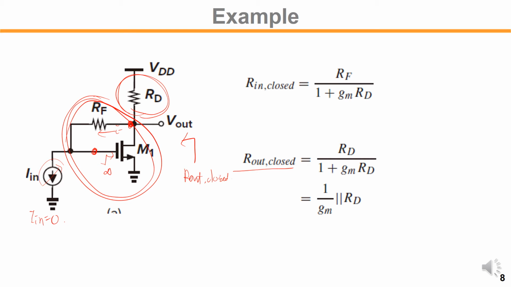So there's no current flow through the RF. So this voltage and that voltage are the same, so it is exactly the same as just a diode connection. So we have the RD at the top in parallel with the bottom 1 over GM. So this is the output impedance. Without the RF feedback resistor, we would see the output impedance RD, but with the RF feedback, the overall output impedance would be 1 over GM in parallel with RD.